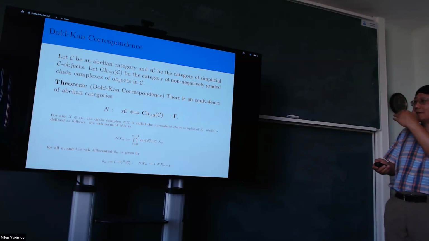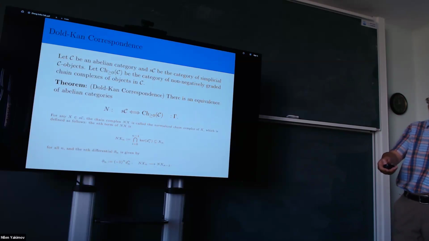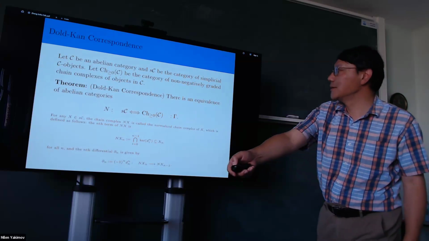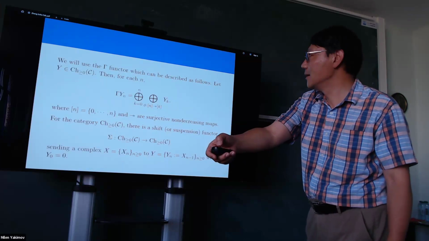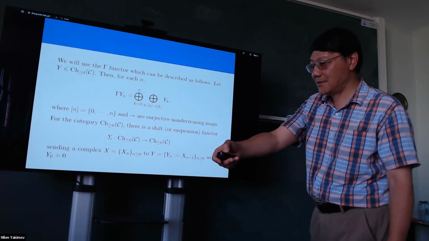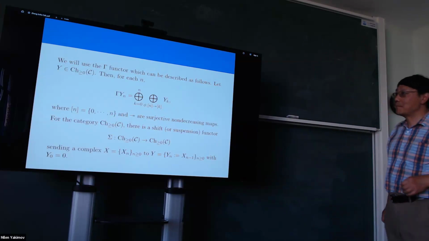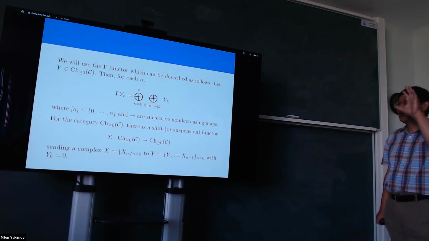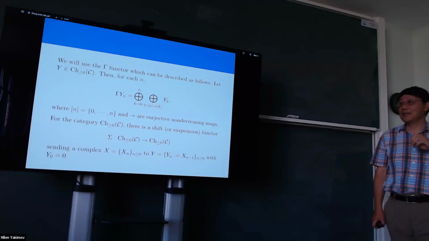But for the functor gamma, we do need gamma. So let me tell you what is gamma. Too fast, sorry. Yeah. So the gamma functor is from the chain complex category to the simplicial object category.